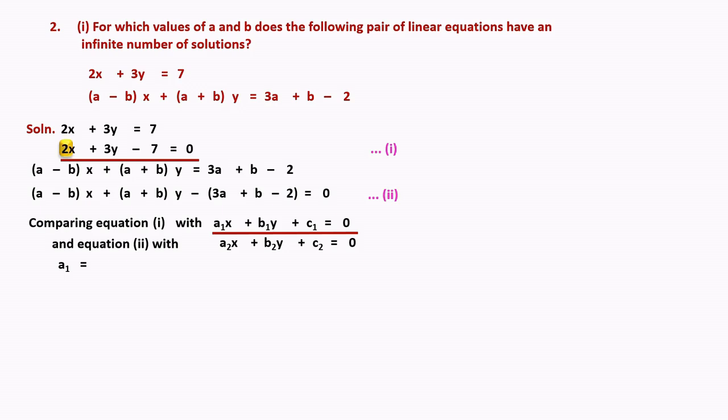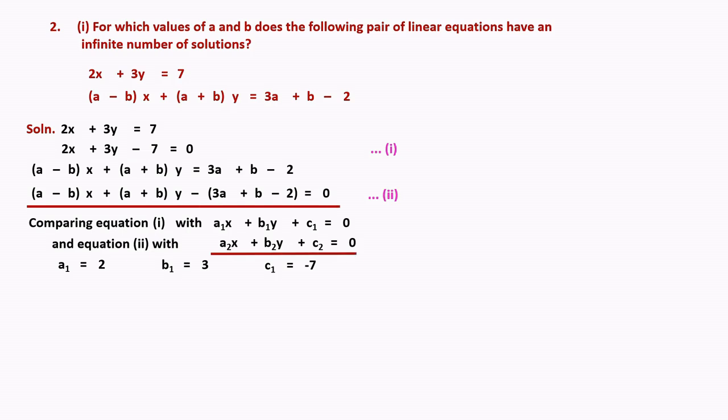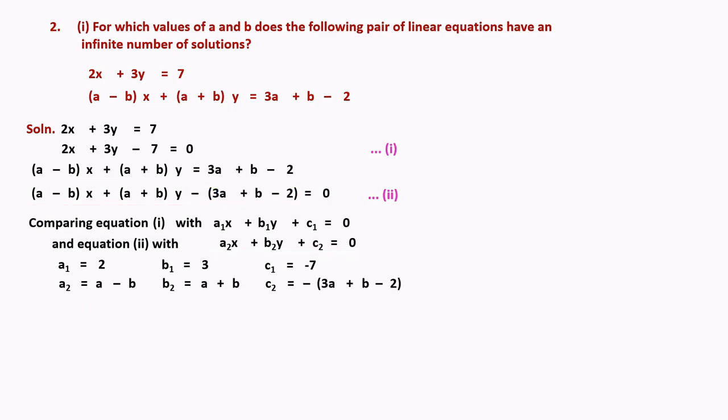Now compare with the standard form ax plus by plus c equals 0. From equation 1, a1 equals 2, b1 equals 3, c1 equals minus 7. From equation 2, a2 equals a minus b, b2 equals a plus b, c2 equals minus (3a plus b minus 2).